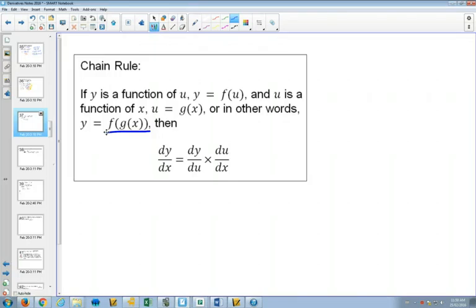One way to write this is we have our derivative is equal to our outside derivative. So with our power rule, that meant we brought the number in front and subtracted 1 from the exponent, multiplied by our inside derivative.